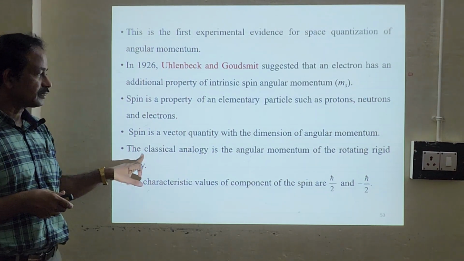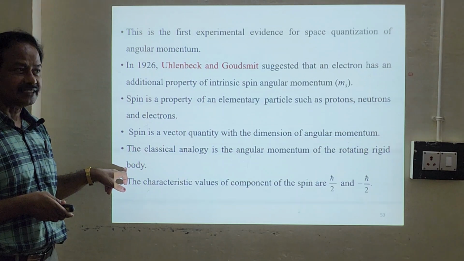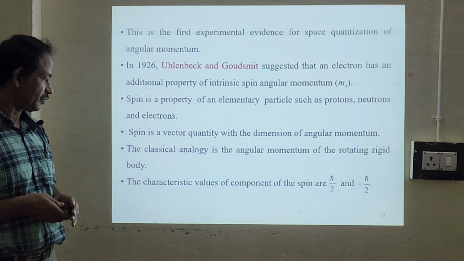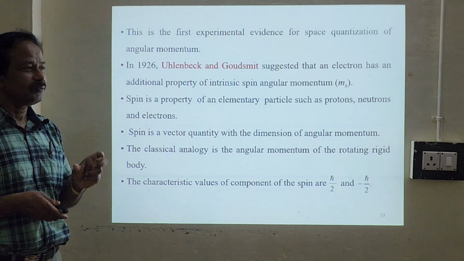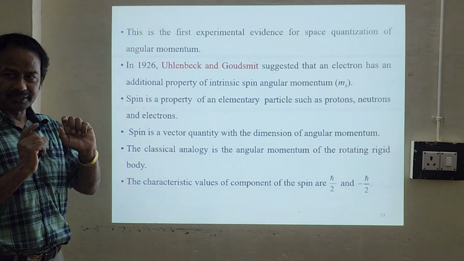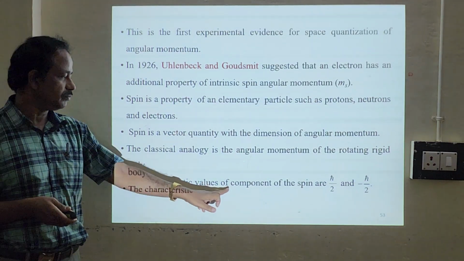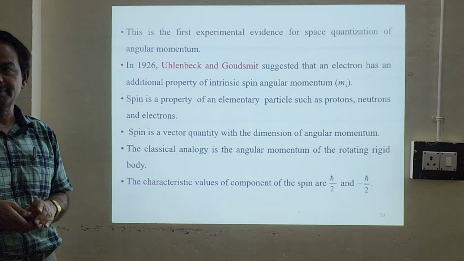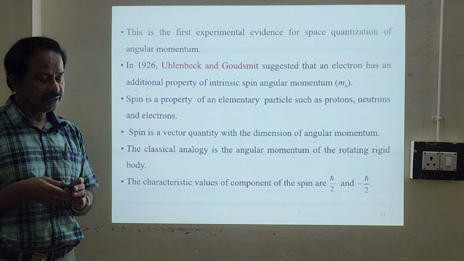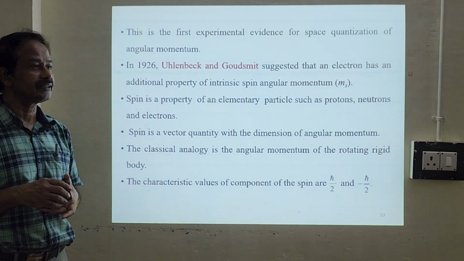Okay, so the classical analogy is the angular momentum of a top, a rotating rigid body. Actually, the electron will not have a particular spin. It's a mathematical entity. The characteristic values of the components of the spin are h bar by 2 and minus h bar by 2. It was found out by Paul Dirac in the year 1927.